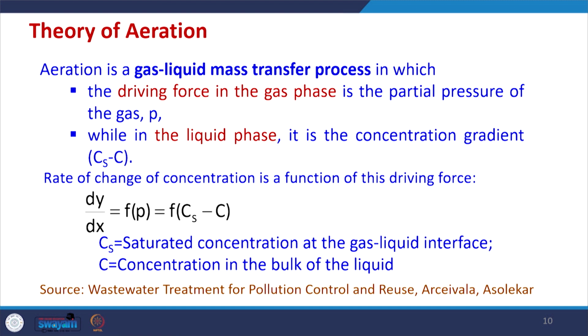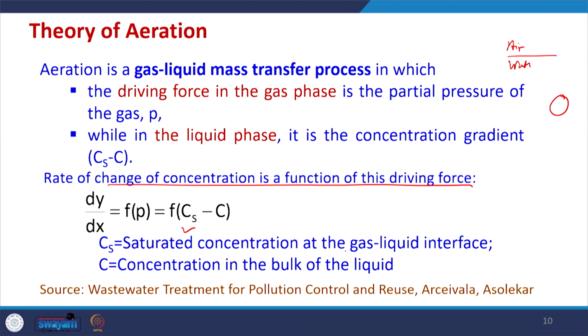Now, a little bit of the theory. Aeration is a gas liquid mass transfer operation. It is an interface where on one side air is there, on the other side water is there. It may be in the form of a bubble, it may be at the surface. So, there are various possibilities. Now, there are various mass transfer processes involved in aeration, and the essential point is that the driving force in the gas phase is the partial pressure of the gas P, while in the liquid phase it is the concentration gradient.